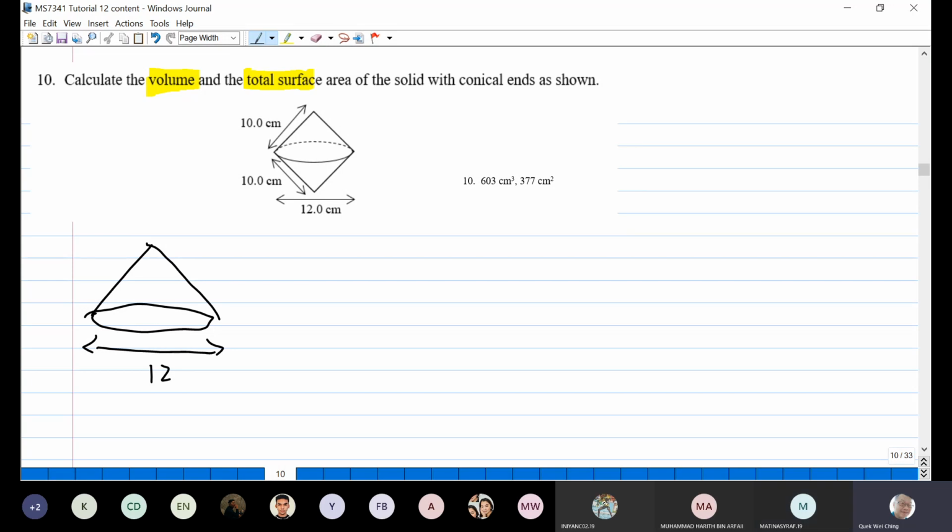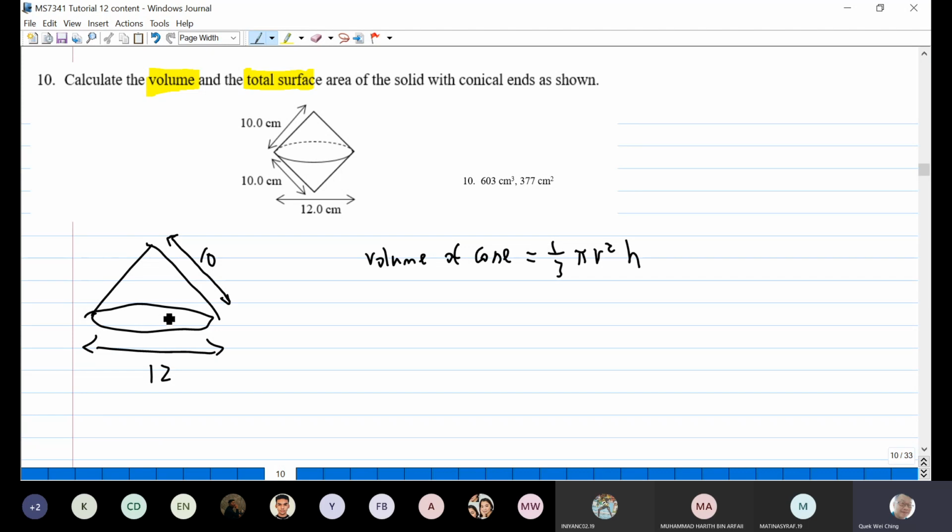And the slant height is 10. So let me try to draw a triangle. What is the volume of the cone? Look like this. The volume of a cone, just as I mentioned, is 1/3 pi r square h. So where is r?